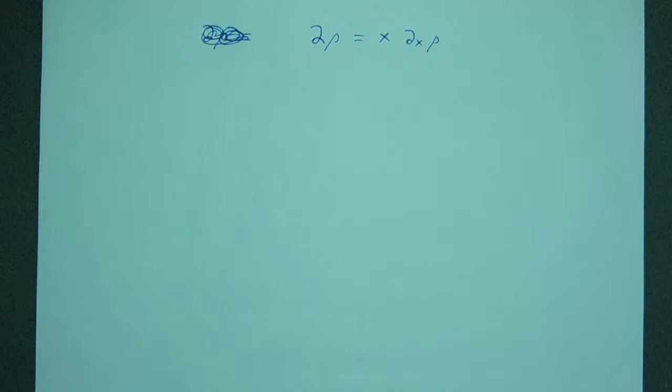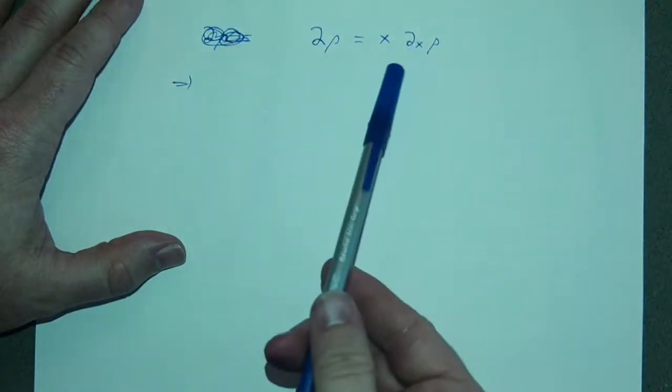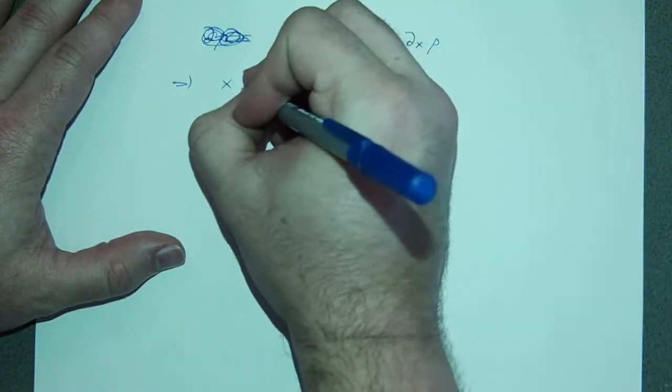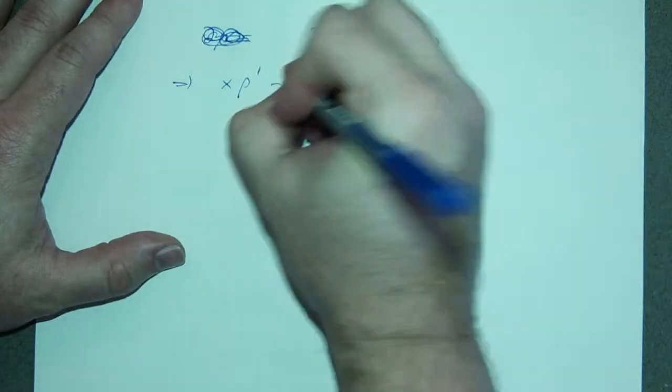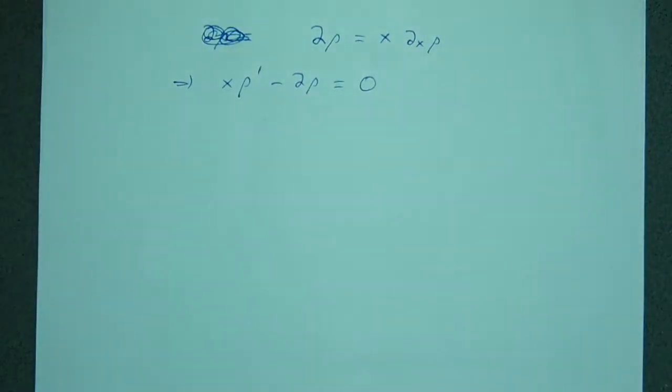So what do I get as a solution to this? Well, this is the differential equation. If you like, x rho prime minus 2 rho is equal to 0. So x rho prime minus 2 rho is equal to 0.